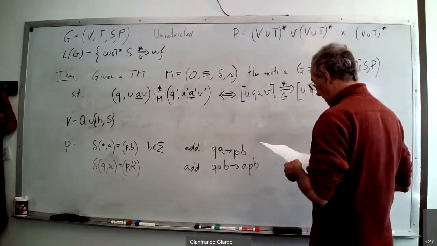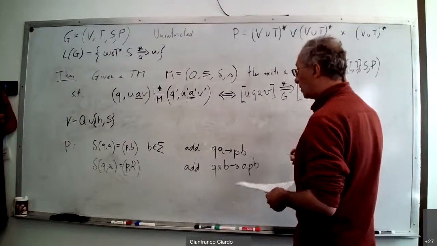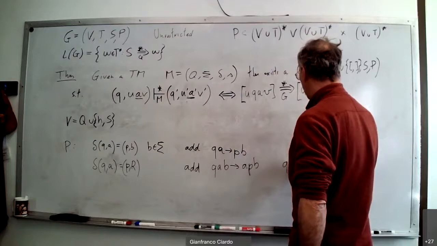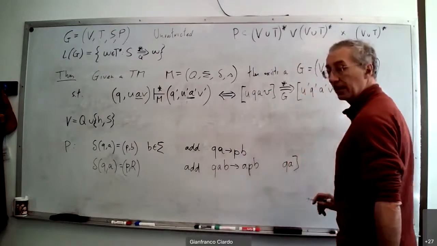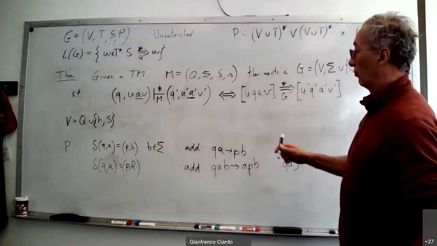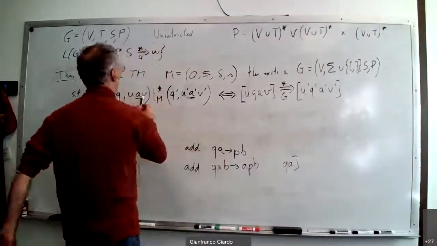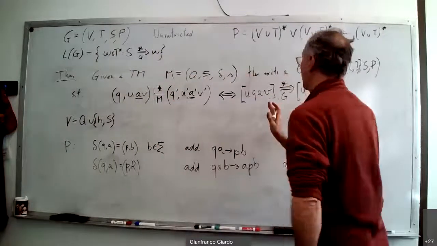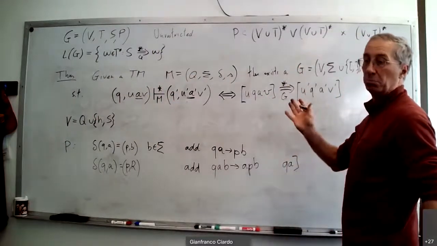But also, I need to add that if I am in QA bracket, what does it mean? It means that V is epsilon. Right? It means that the head is at the rightmost point.